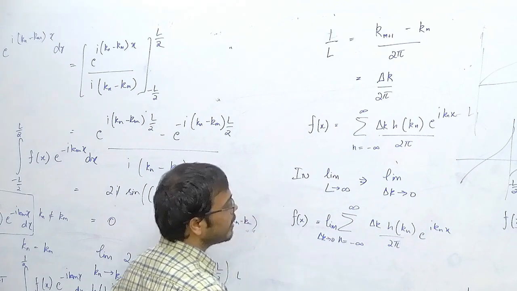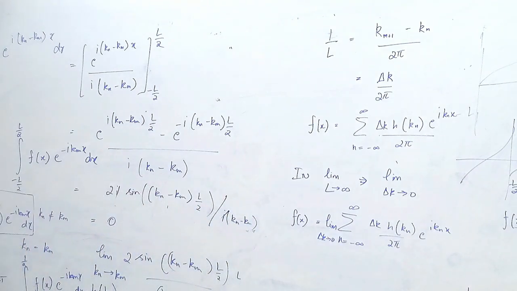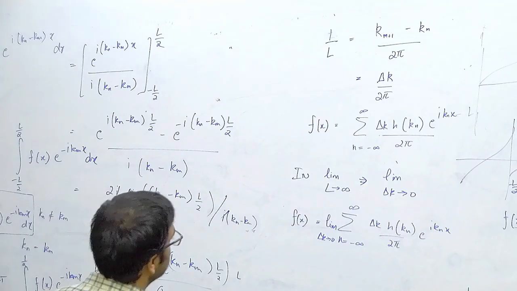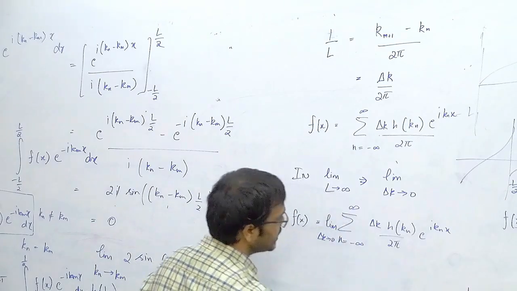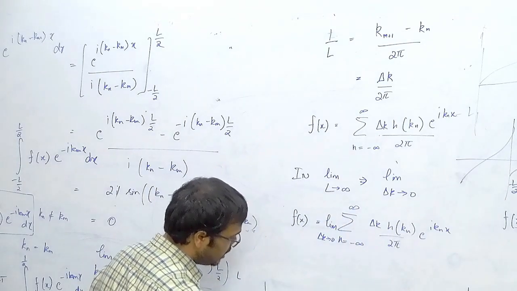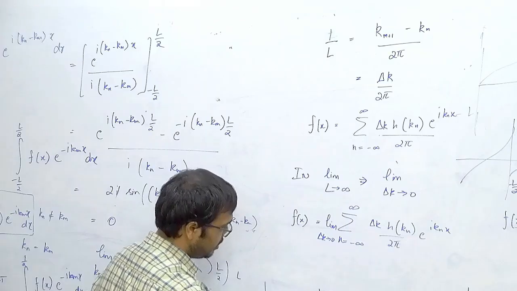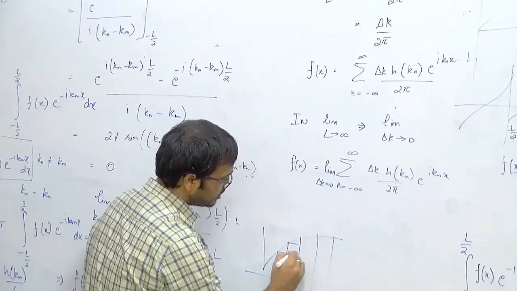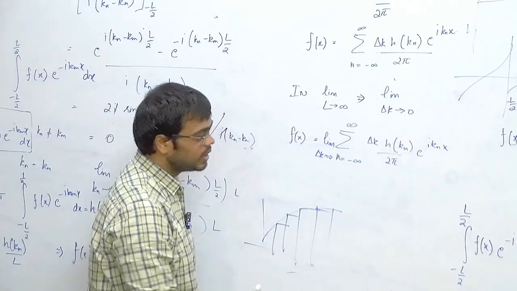That is how we convert integrals and summations, interchange them, right. If you have a function, then you will divide it using the Riemann summation rule, and then you will write it like this.